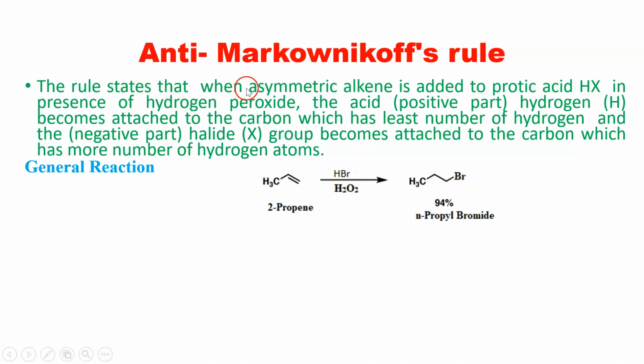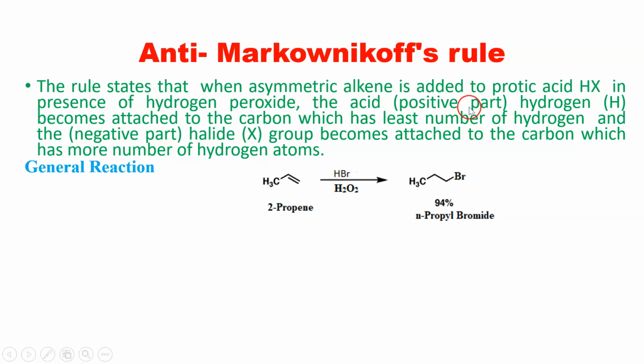Now what the rule states: some words are similar, like asymmetrical alkene. An asymmetrical alkene is added to a protic acid, right? Asymmetric, why? Because this double bond is not symmetric. So take 2-propene. After that, a protic acid, HBr, is a protic acid because it liberates H plus ion.